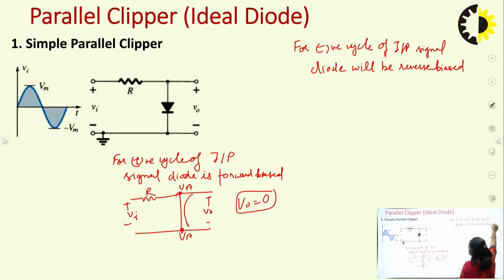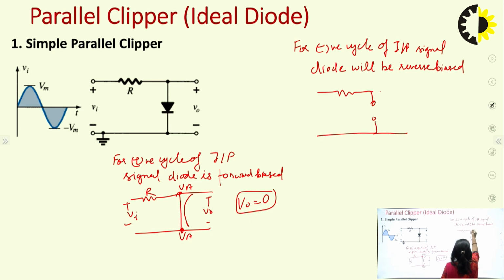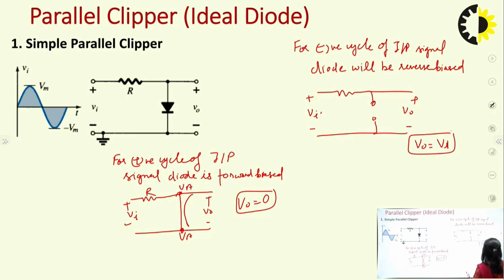And in that case, equivalent circuit would be, V naught would be equal to Vi, because this diode has become open now. So all the input voltage is expressed across the V naught. So V naught would be equal to Vi.